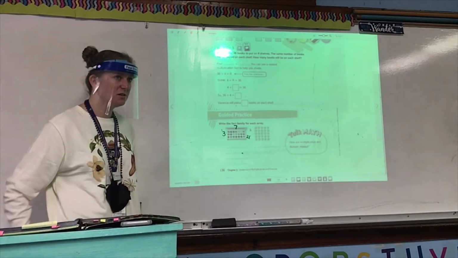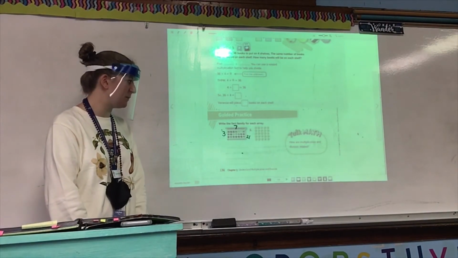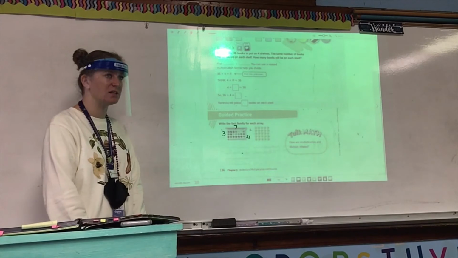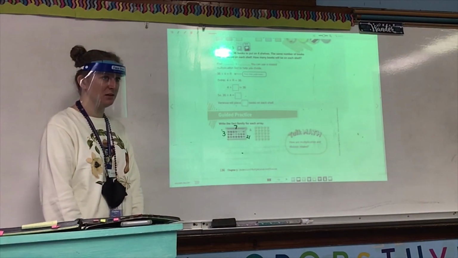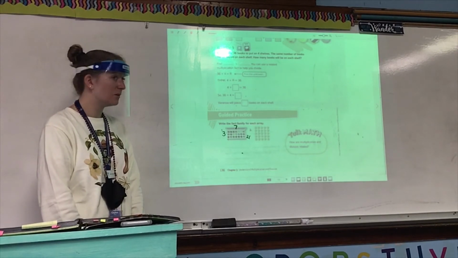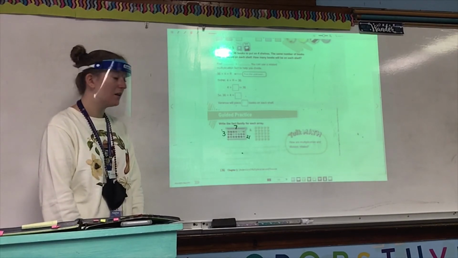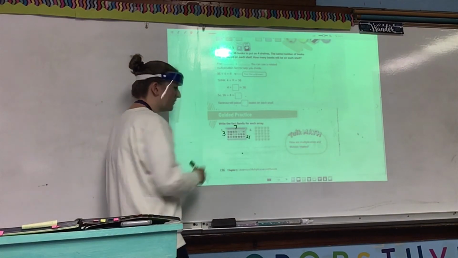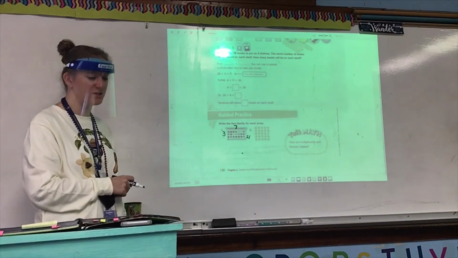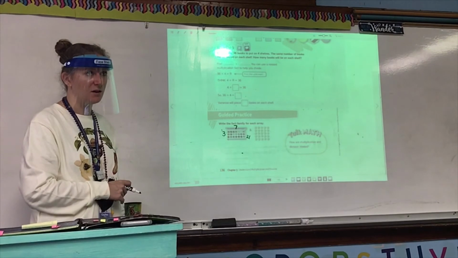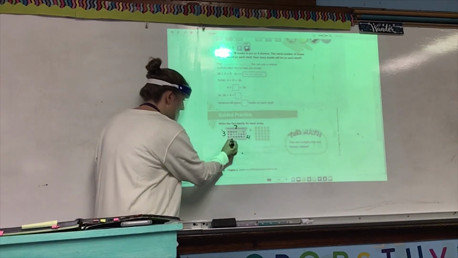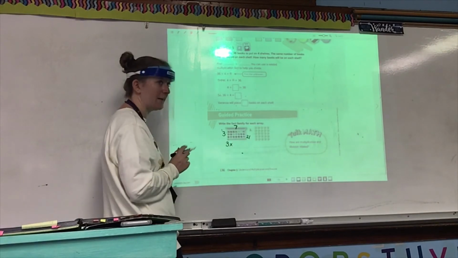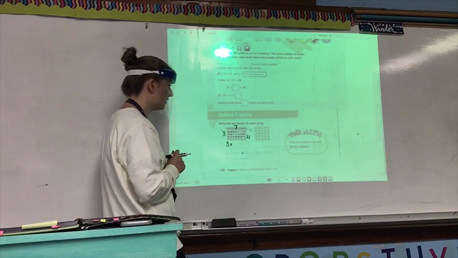Well, first, when we multiply, do we multiply the rows and columns? Do we multiply the rows and the total? Do we multiply the columns and the total? What else? The columns and rows. So with the first one, do you want to start with the number of columns or the number of rows? Our first multiplication, you're going to start with the number of rows, and then we multiply it by the number of columns.